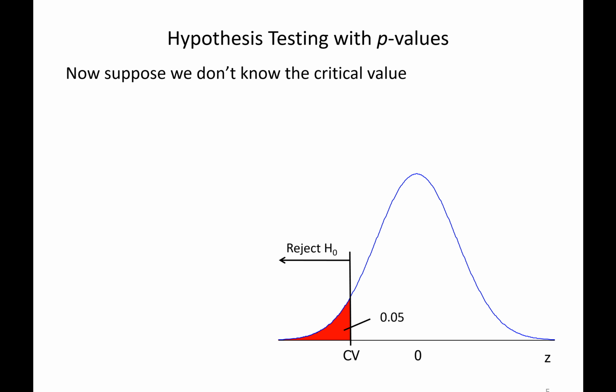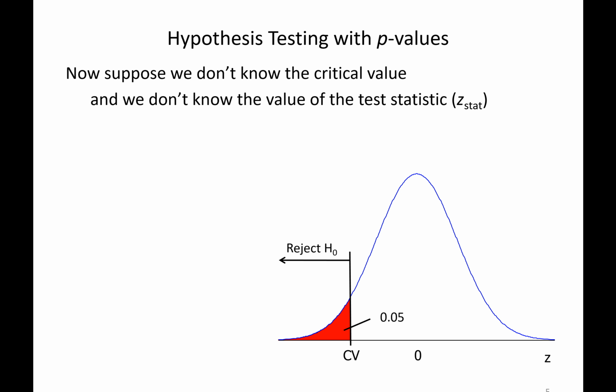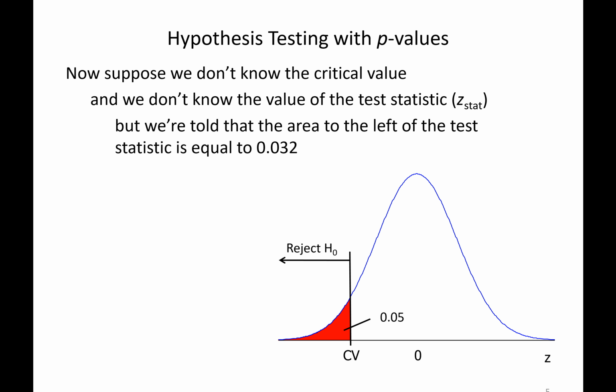Okay, let's look at a different scenario. We still don't know what the critical value is, and we also still don't know what the test statistic is, but we're told that the area to the left of the test statistic is equal to 3.2% or 0.032. What's the conclusion of this test? Well, if the area to the left of our test statistic is 3.2%, that's less than 5%.